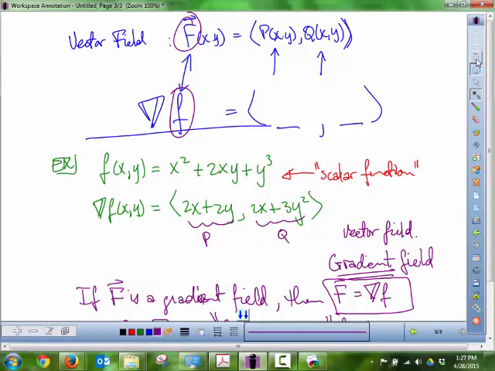That's what he meant to say. He's nodding his head, yeah. So I think it would be good to take a look at some examples of vector fields that are gradient fields and vector fields that are not gradient fields.